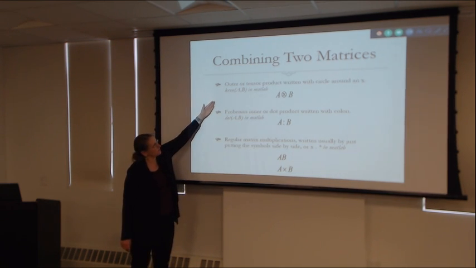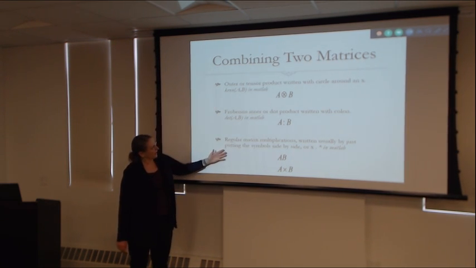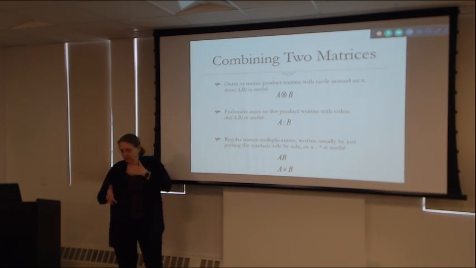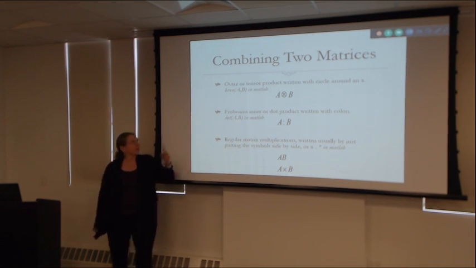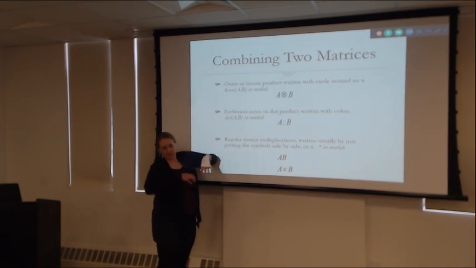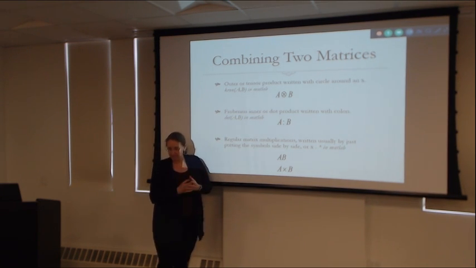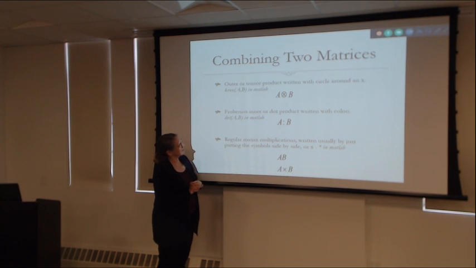We need to do that very soon here. You also can just multiply them, and that's what we've been doing, row column multiplication. Outer products make bigger tensors with more indices. Inner products make collapsed tensors, typically no indices, just a scalar.